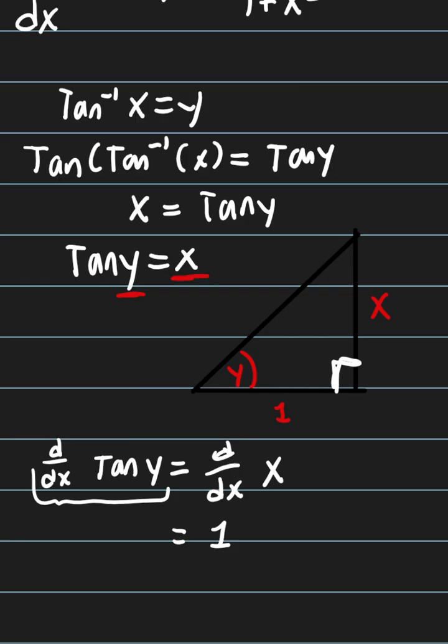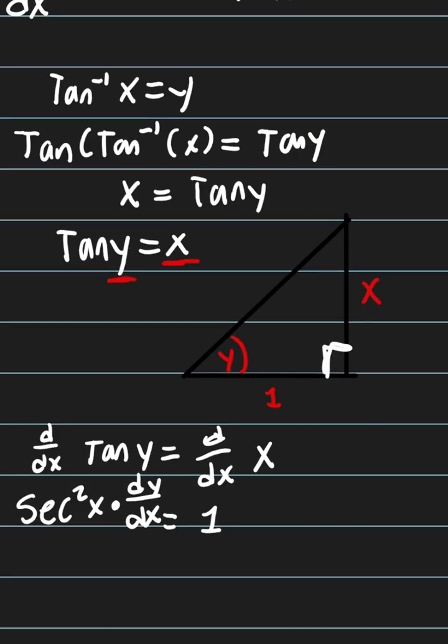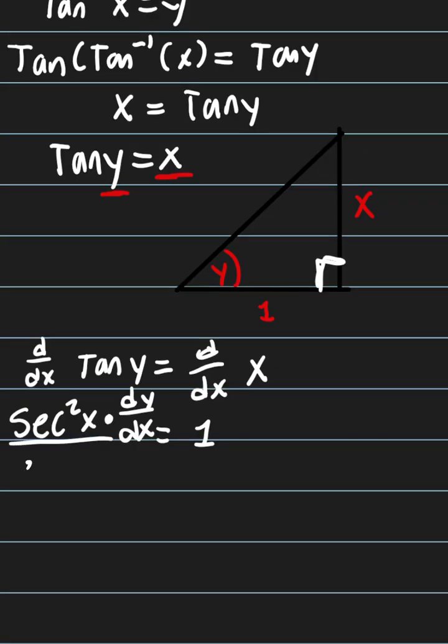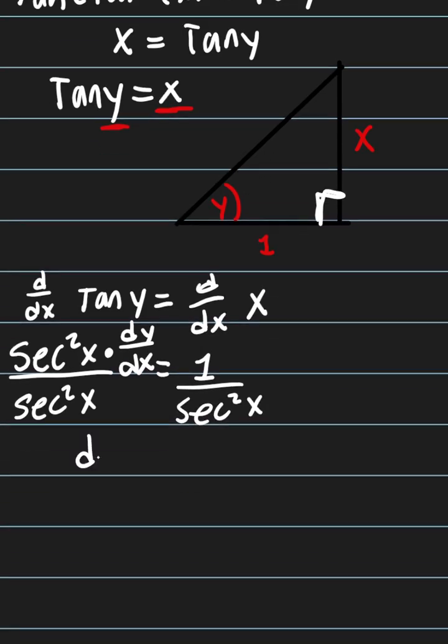All we have to do is use implicit differentiation, which just means take the derivative of tan, which is secant squared y, and multiply it by dy by dx. Now we divide both sides by secant squared y, and we're left with dy by dx equal to 1 over secant squared y.